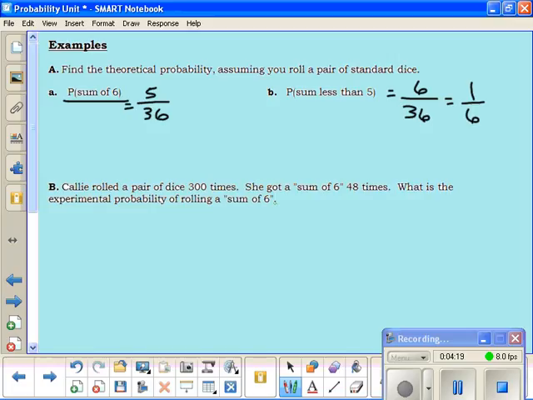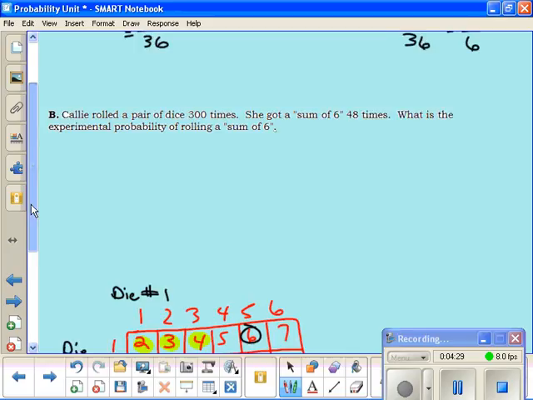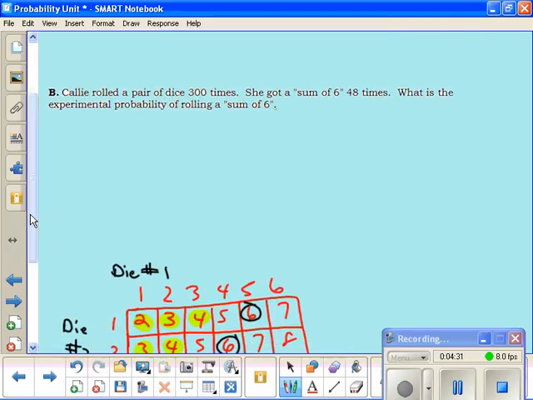All right, next one says, Callie rolled a pair of dice 300 times. She got a sum of 6 48 times. What is the experimental probability of rolling a sum of 6? Well, this is experimental. She actually did the experiment. So it's out of the 300 times she rolled. How many times did she get a sum of 6? 48 out of 300.